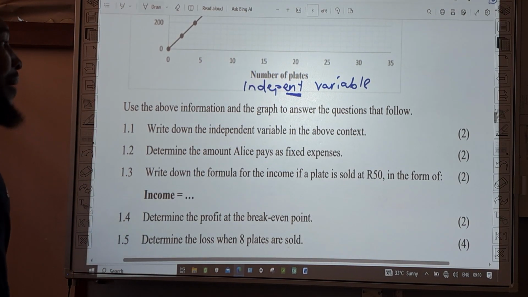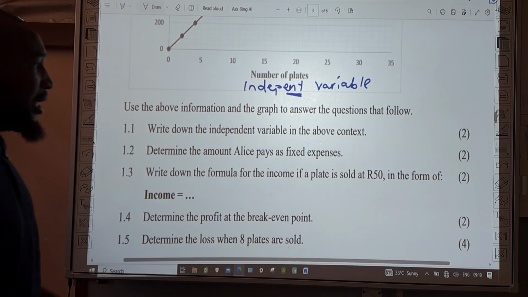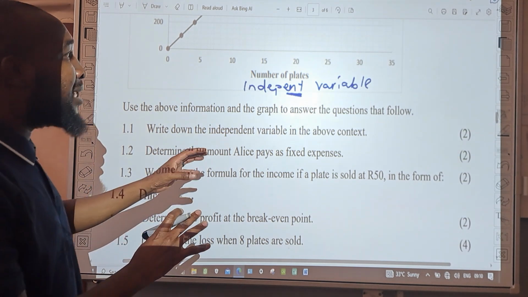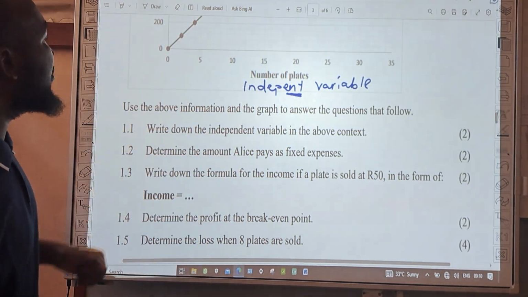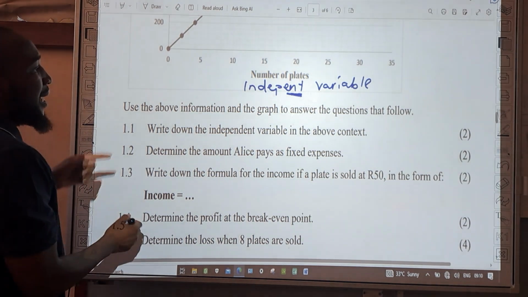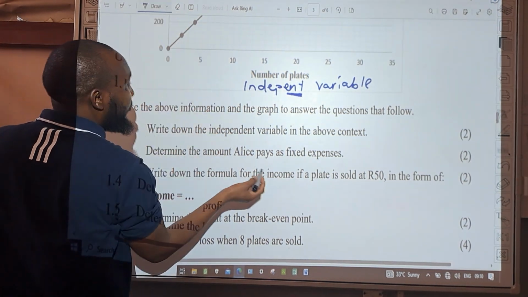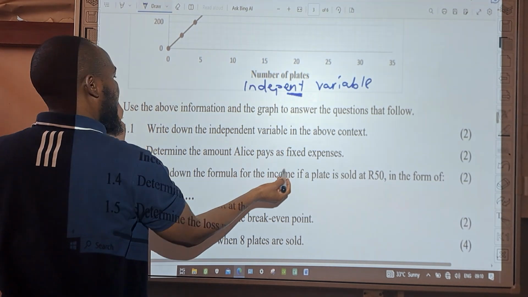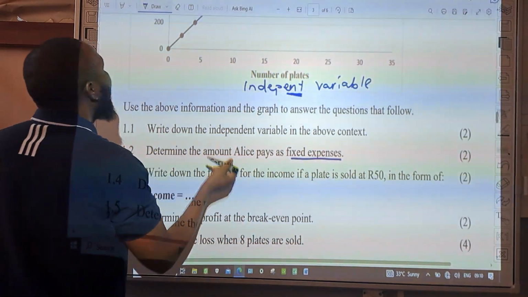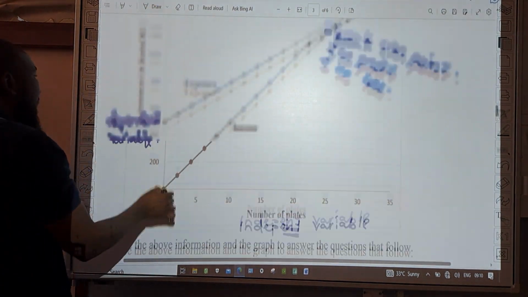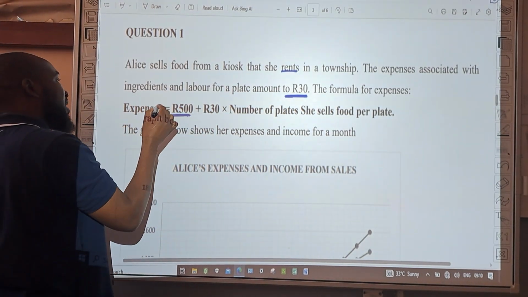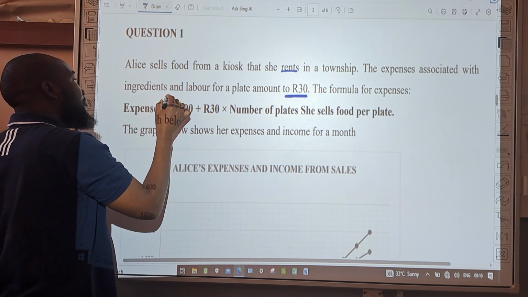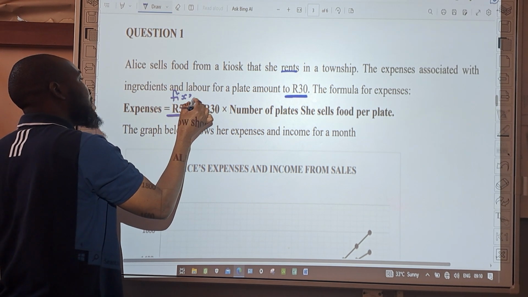1.2, determine the amount Alice will pay as fixed expenses. You see now the issue, analyzing your situation before you start answering the questions makes it easy for you. Now, the fixed expenses, I have already highlighted the fixed expense already. On your expenses formula, already I have said this is my fixed expense.